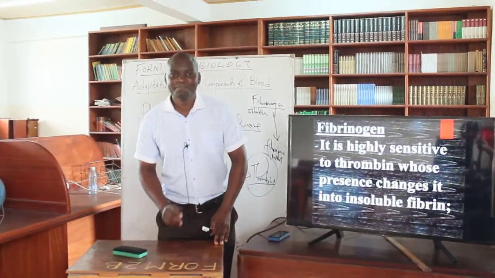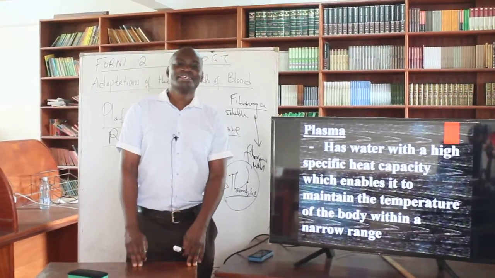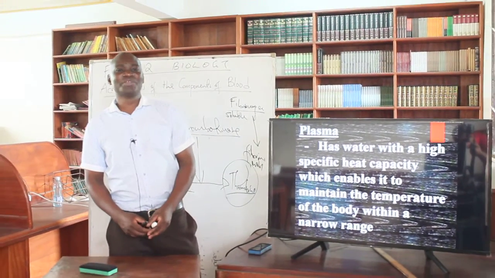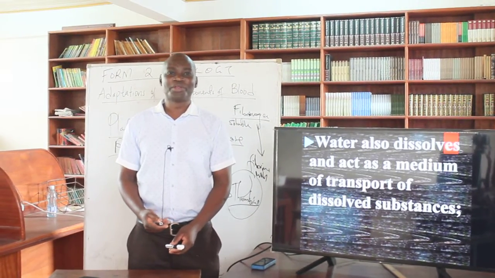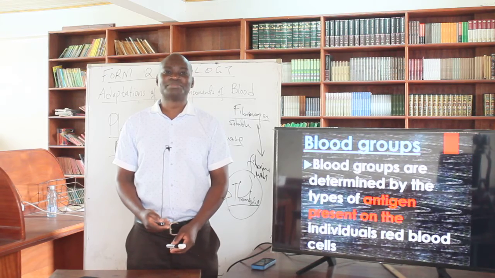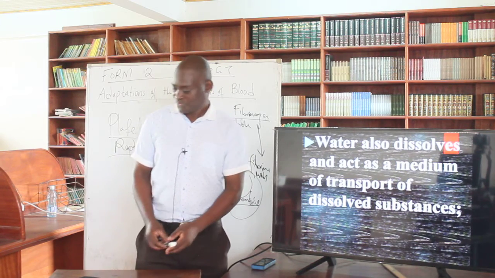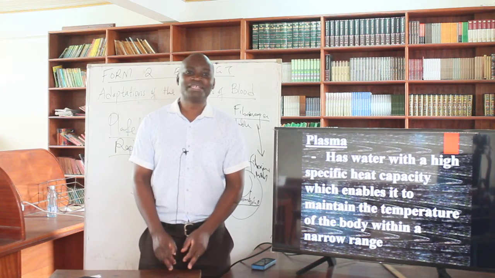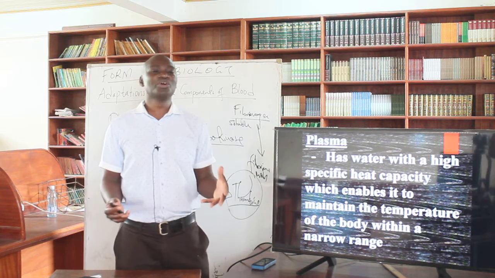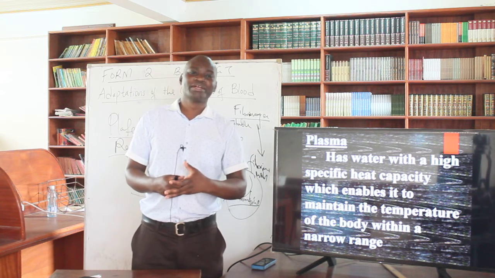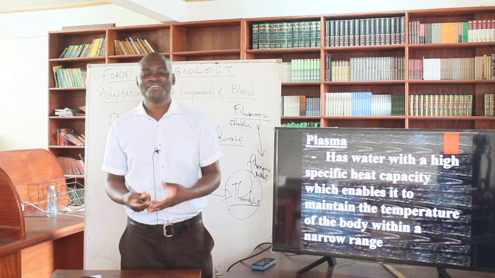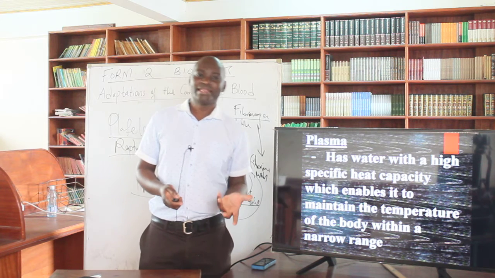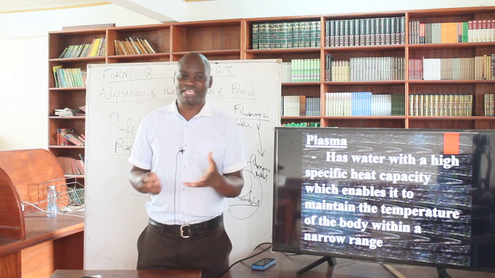That is the fibrinogen. Now, another component of the blood that we are going to look at is the plasma. We are not going to look at the functions or any other thing, but at how plasma is suited to its function. One, plasma has water.